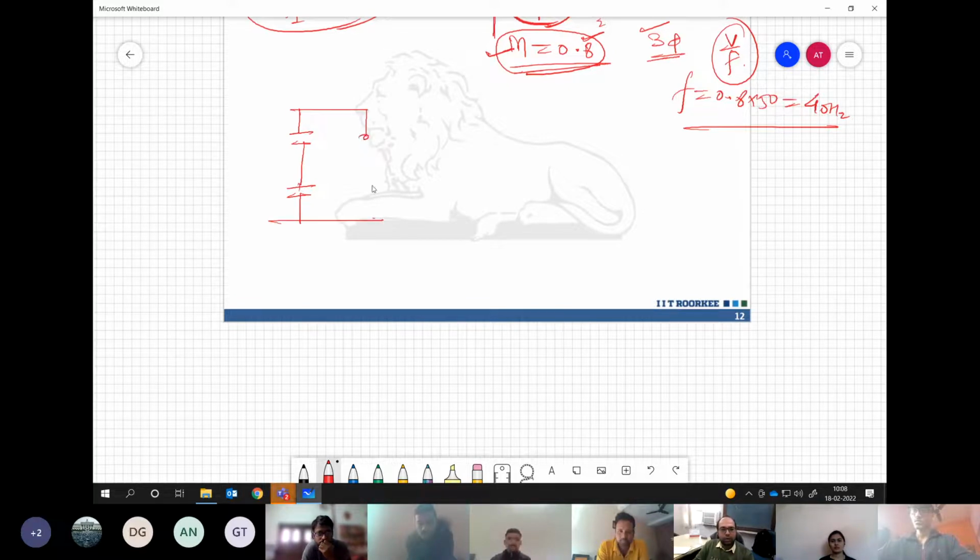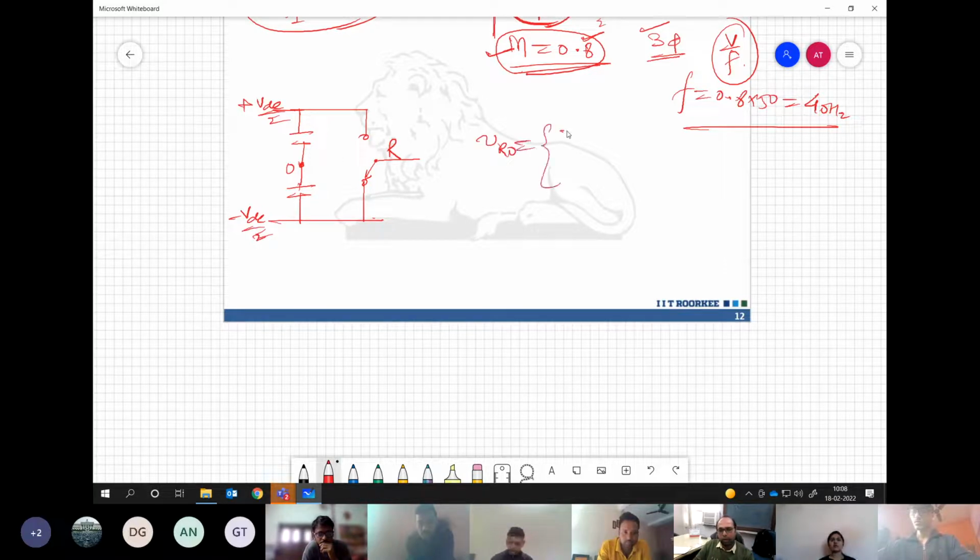So let's say R phase we are trying to have over here. So output always we are talking about at point R with respect to O. So with respect to O, this point is plus VDC by 2 and this DC bus is at minus VDC by 2. And we are generating out of this.